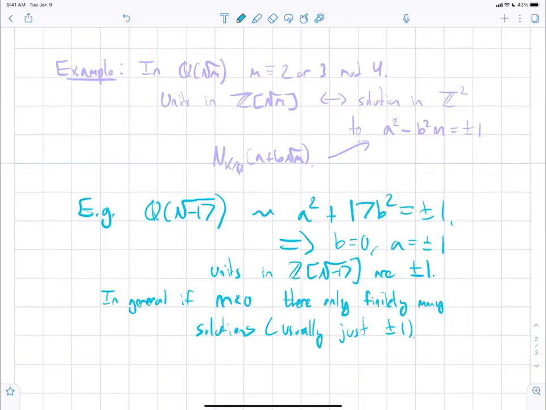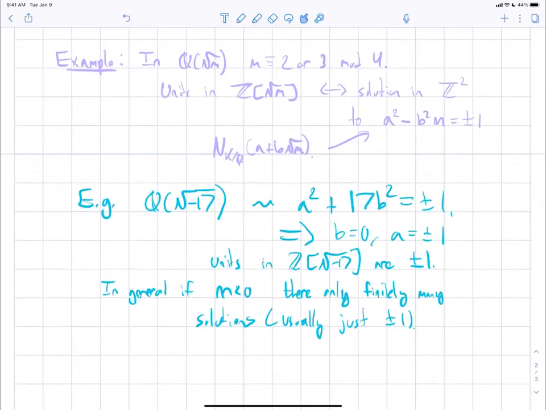So the first exercise in your worksheet this week is to do this precisely. As soon as m gets big enough, you have a little more wiggle room when m is congruent to 1 mod 4, but in general, once this is big enough, you can't get 1 here. So this part has to be 0, and then you just get plus or minus 1.